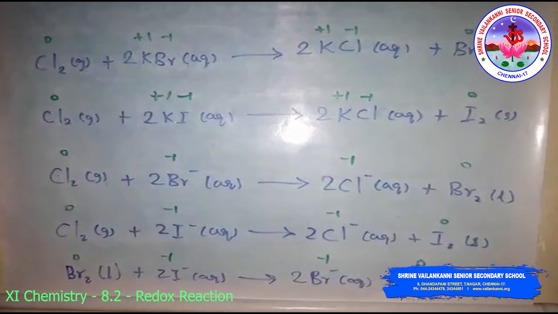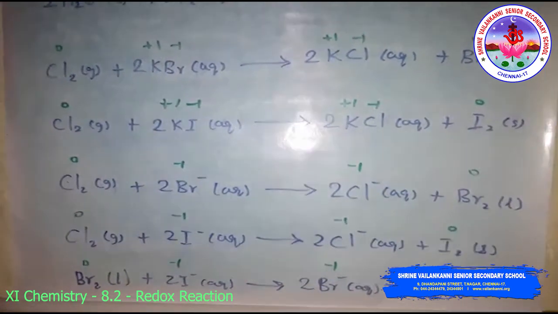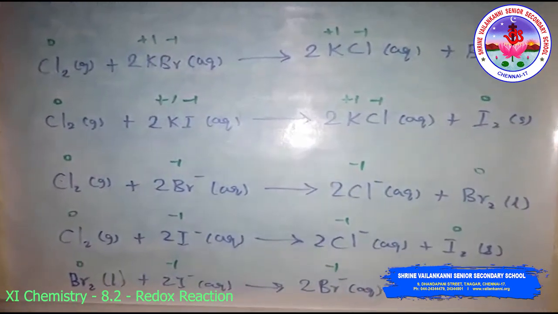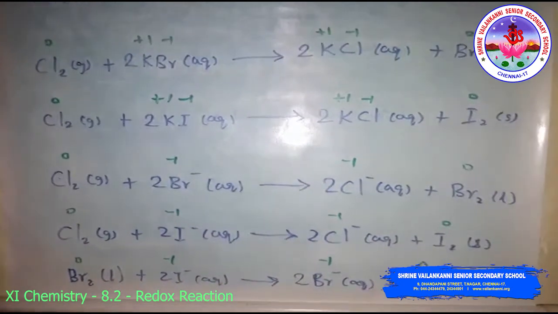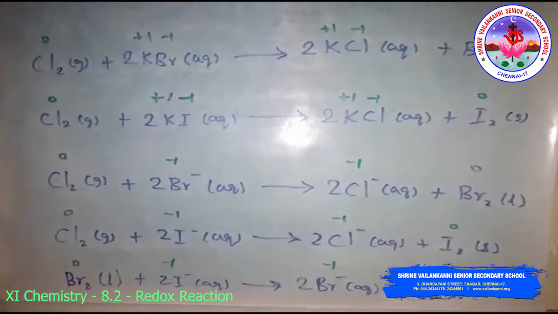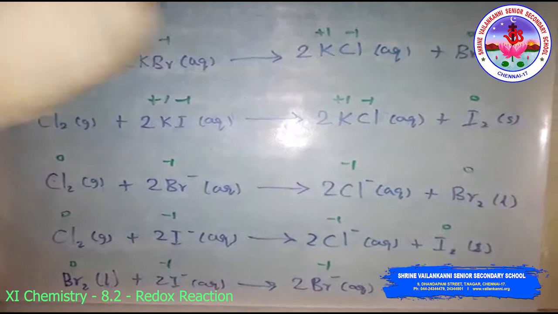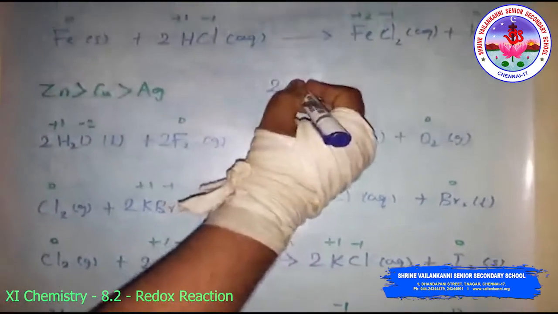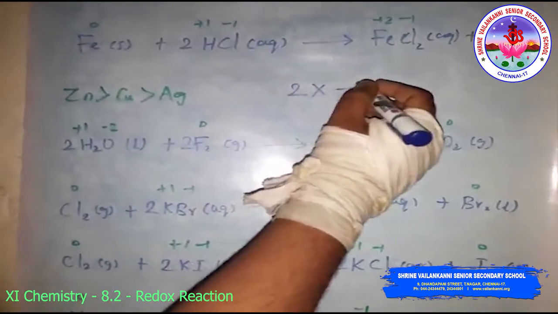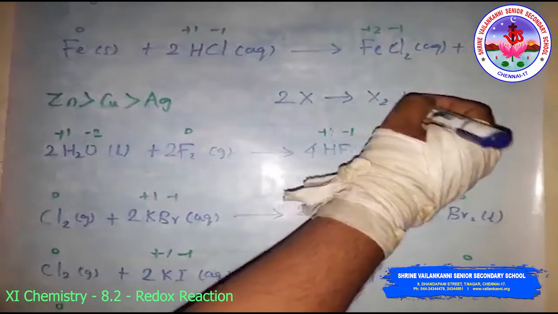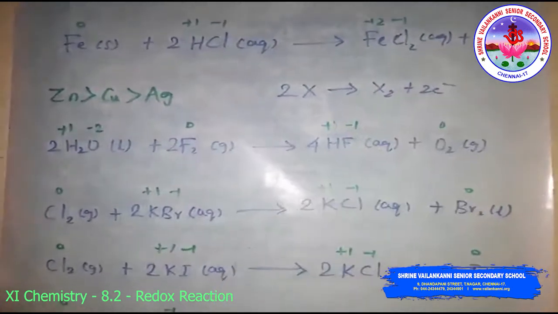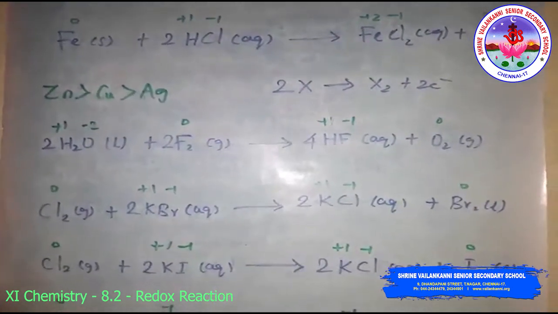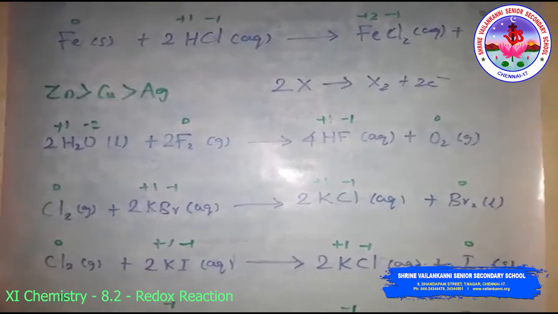Halogen displacement reactions have a direct industrial application, since the recovery of halogens from their halides requires an oxidation process. Usually we can represent it like this: 2X minus gives X2 plus 2 electrons. Here X denotes the halogen element.